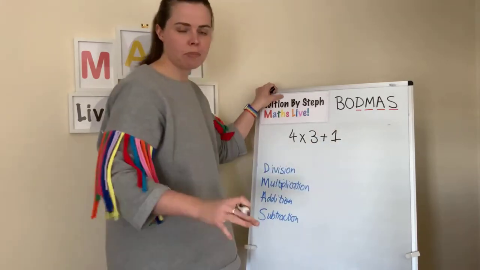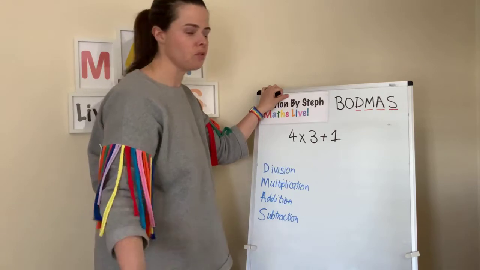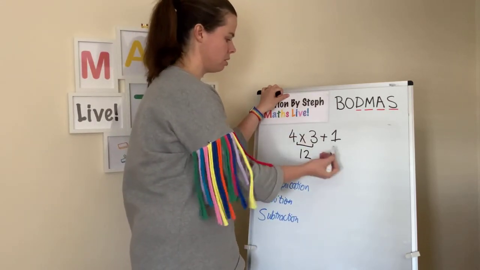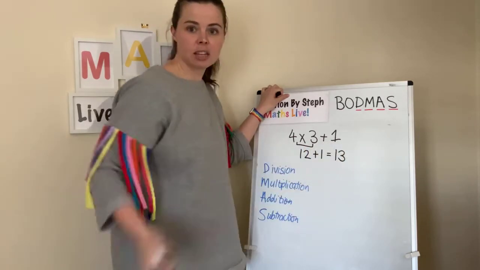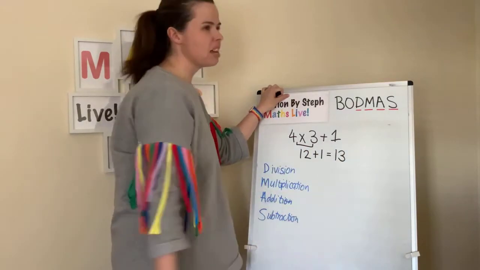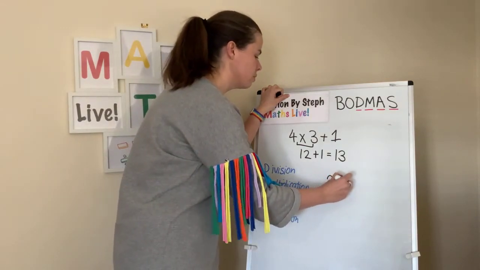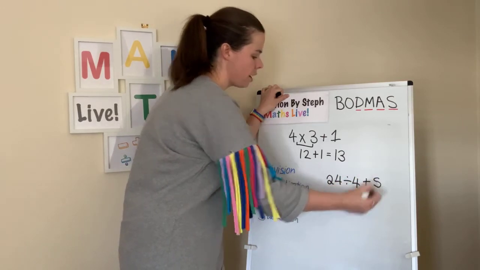There are three different numbers, two parts to this calculation. We know we do 4 times 3 first, which is 12. And then we add our 1, which is 13. Let's say we do 24 divided by 4 plus 5.